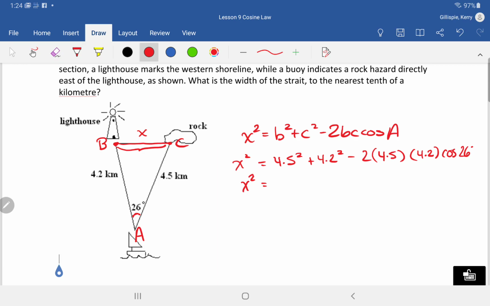So x squared equals, try it in one step in your calculator. 4.5 squared plus 4.2 squared minus 2 times 4.5 times 4.2 times the cos of 26. I'm going to do it all in one step.